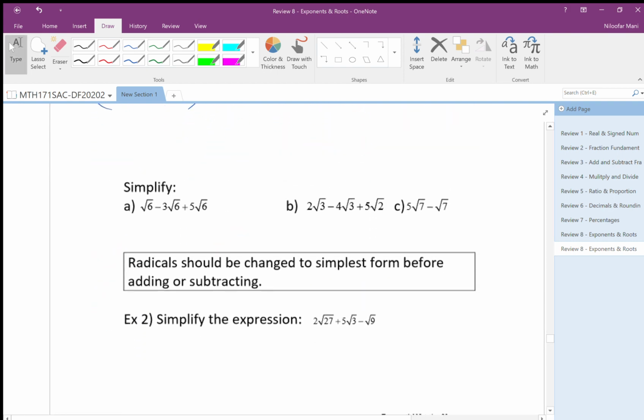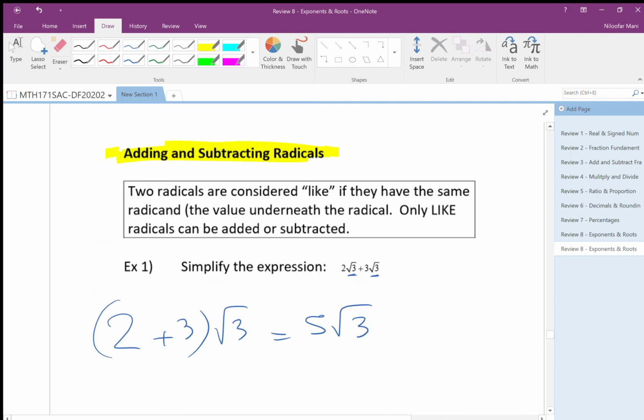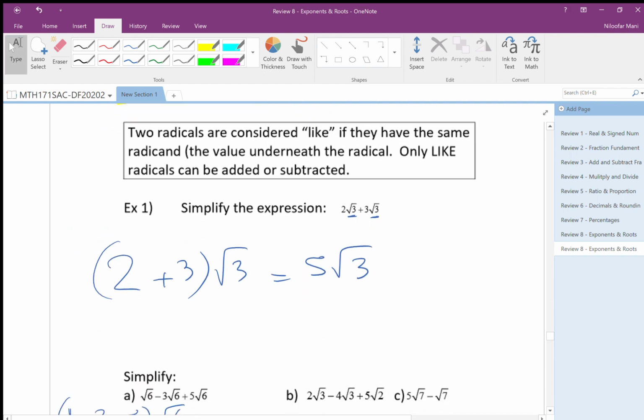So how about here? I have 1 minus 3 plus 5 radical 6, because they are like terms, so they are like each other. So look at this. 2 radicals are considered like when I have the same radicand, meaning the same number under the radical.